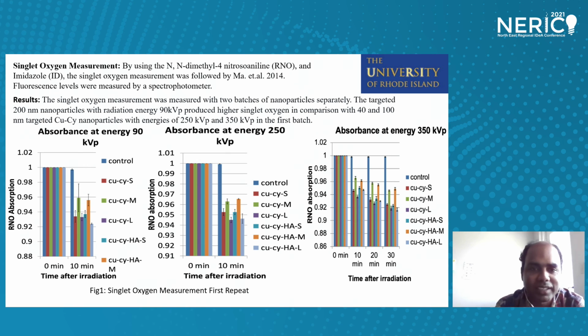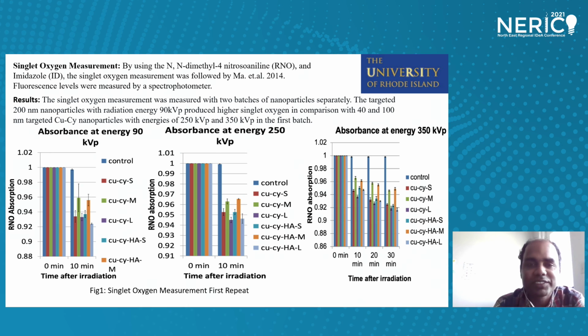Even when we compare, obviously the 90 kilovolt has a higher targeted nanoparticle, but compared with the 250 and 350, overall I would say it is the same: a higher concentration and larger particle size produced more. The reason for that is they have a higher particle size.